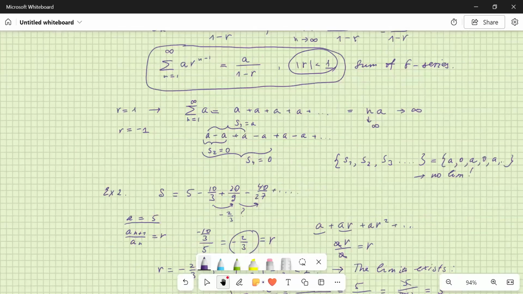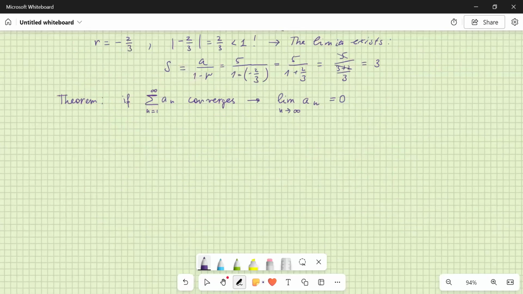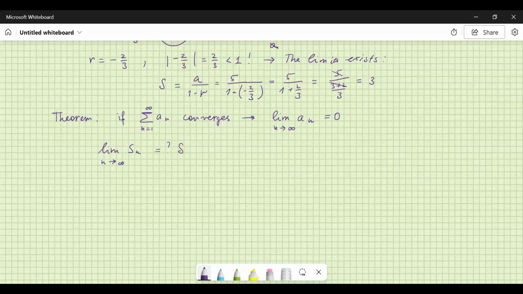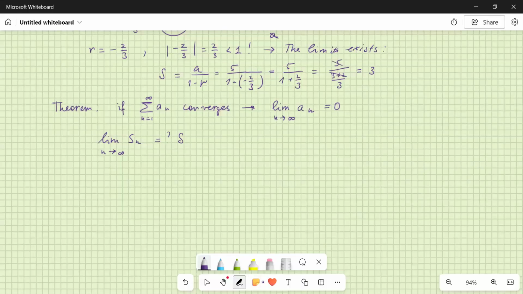Remember that usually when we look for the sum of a series, we look for the limit of the partial sum S_n, whether it exists or not, whether it equals a number S or does not. I'm going to write down two partial sums.